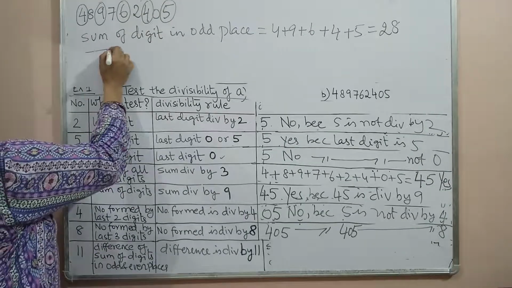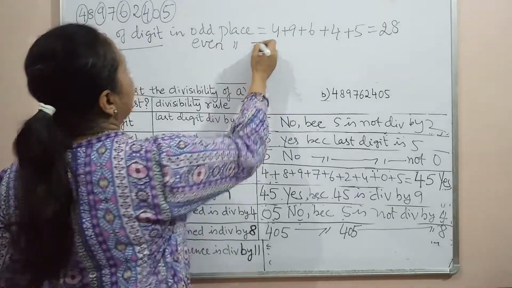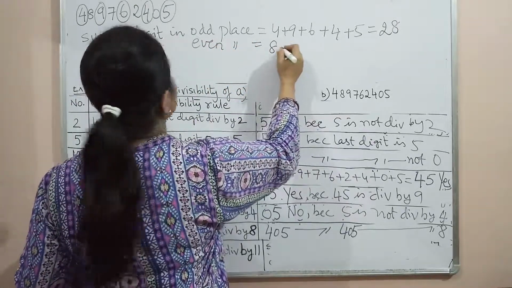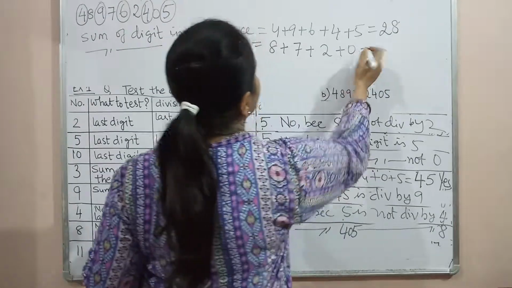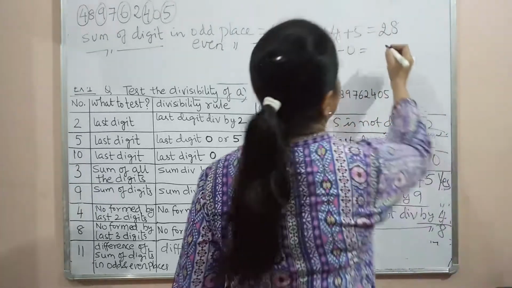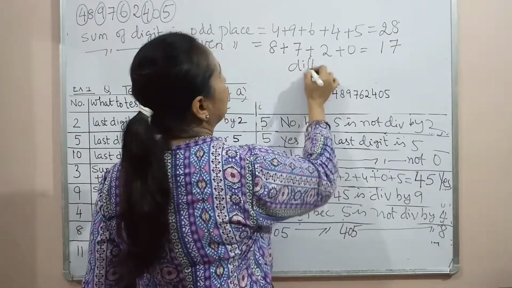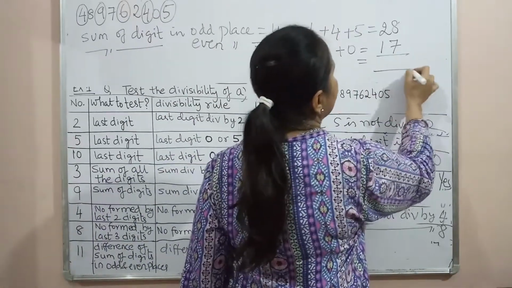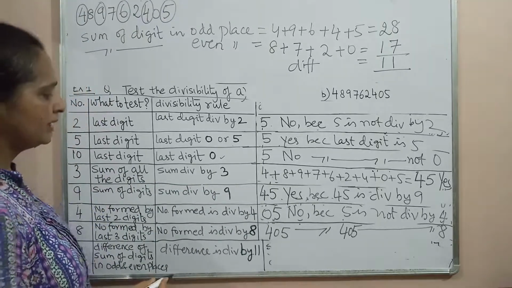Now sum of digits in even place, and it is 8 plus 7 plus 2 plus 0. 7 to the 8, 8 to the 16, 17. It is 17. And what is the difference? The difference is 28 minus 17, which is 11. Now, what will be the result?